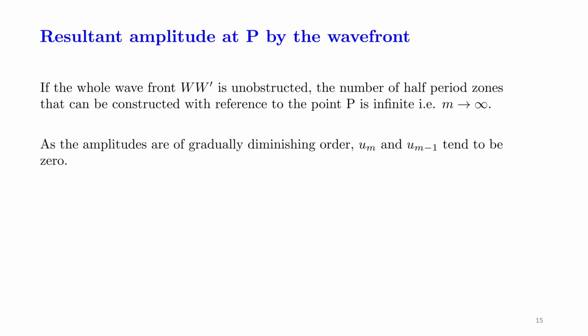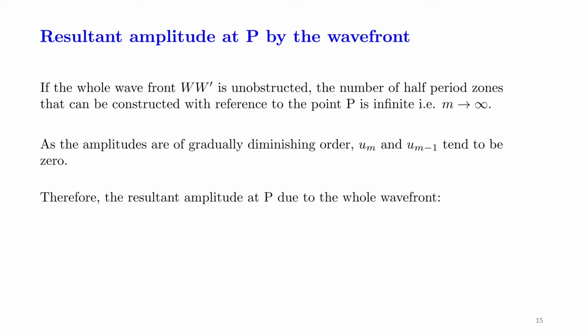And as the amplitudes are of gradually diminishing order, um and um minus 1 tend to be 0. Therefore, the resultant amplitude at P due to the whole wavefront will be up equal to u1 over 2.